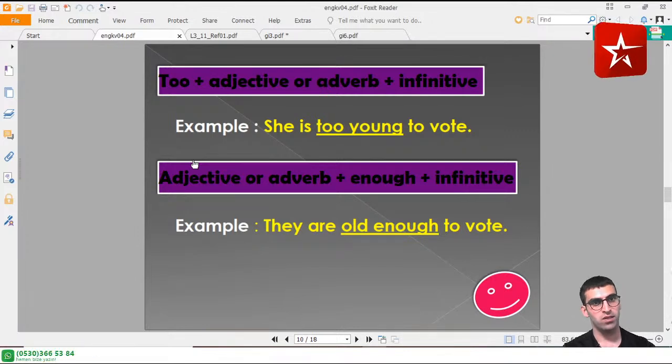And also we can use infinitives after adjective or adverb. For example, she's too young to, or he's too tired to work today. Adjective or adverb plus enough plus infinitive. They are old enough to what?